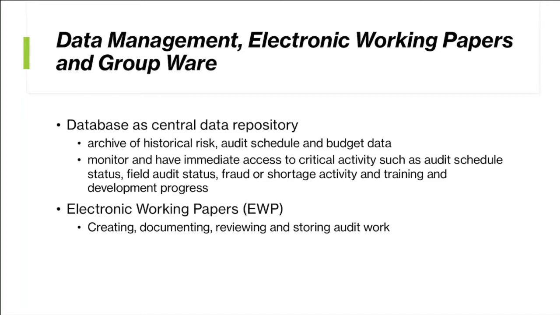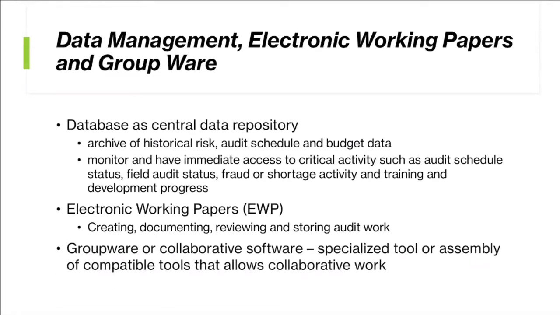While electronic working papers are for creating, documenting, reviewing, and storing audit work. And groupware or collaborative software are specialized tools or assembly of compatible tools that allow collaborative work.